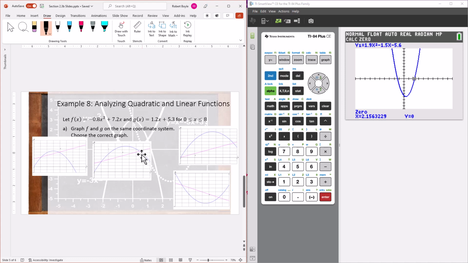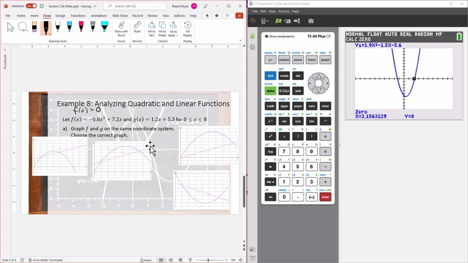Now, one of the things that we can first do right away is basically ask ourselves, well, what are the y-intercepts? In other words, what happens when x is equal to 0? Well, in this case, when x is equal to 0, f is equal to 0. So the graph actually crosses the origin.